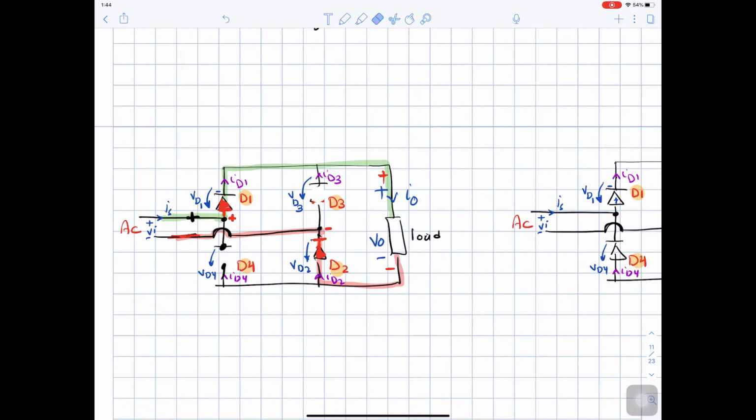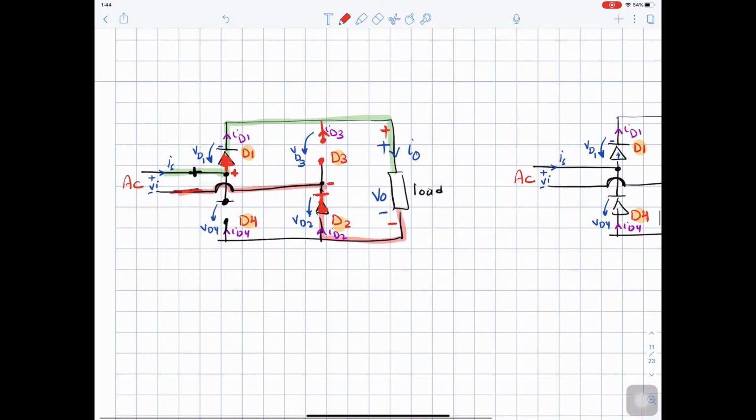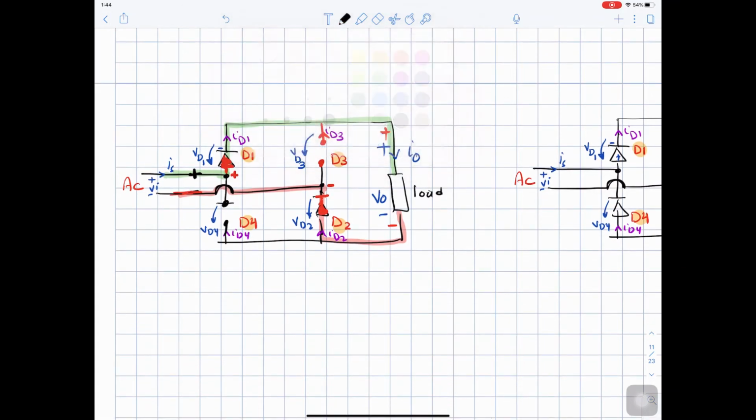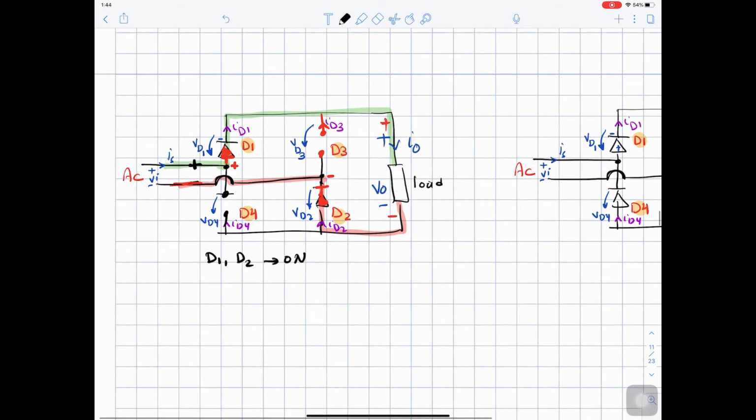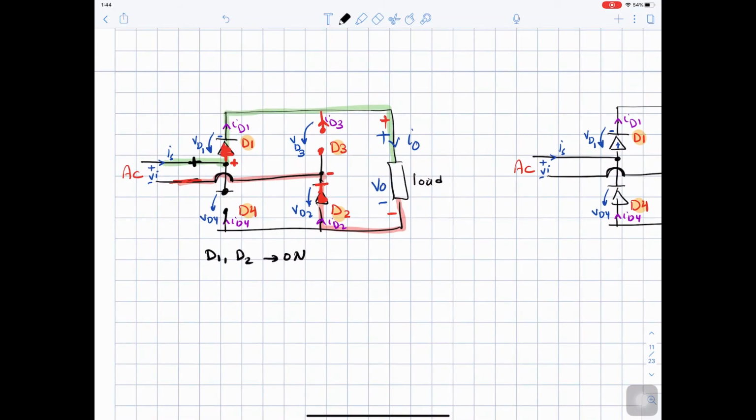And in this case, the diode here is simply disconnected and it is open circuit. So in this circuit here, we have diode 1, diode 2 are on. That's why we numbered them as 1 and 2, because they turn on together. Diode 3 and diode 4 are off.